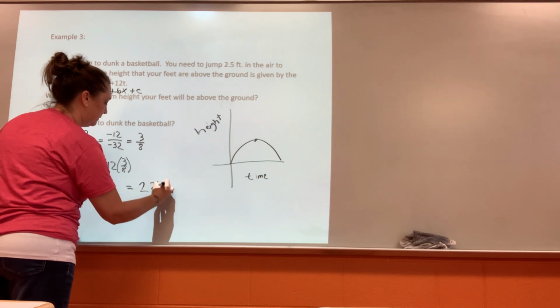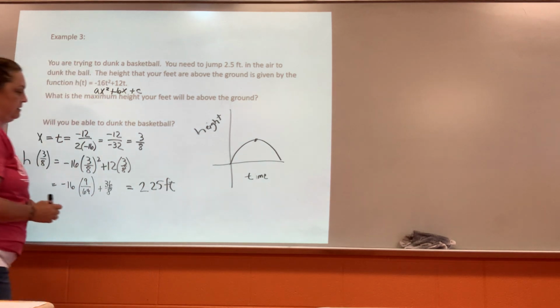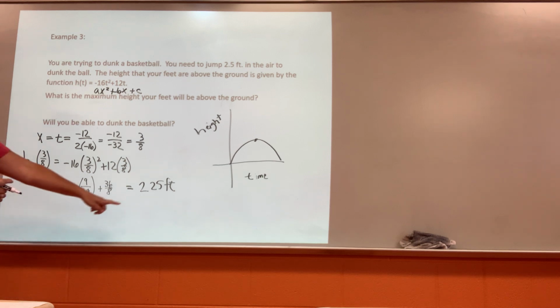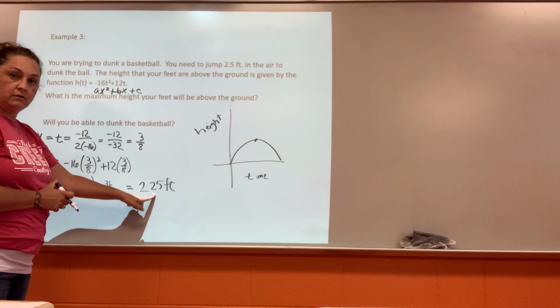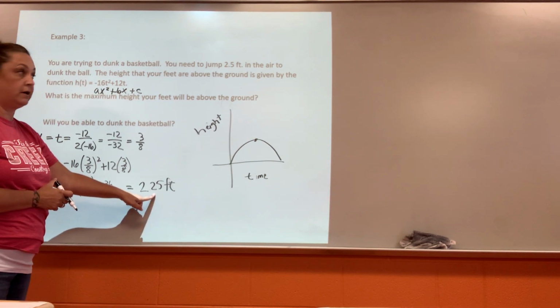That gives 2.25 feet. Your feet will be 2.25 feet off the ground.